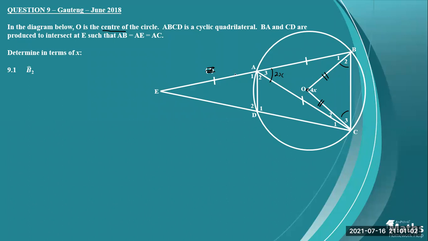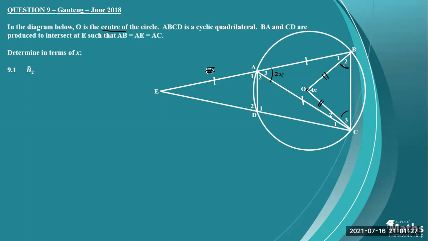But I can possibly keep in mind, I can't work with the diameter, but I can think of the exterior angle of a cyclic quad. Then it just says that AB is equal to that, right? Determine in terms of x, angle B2.